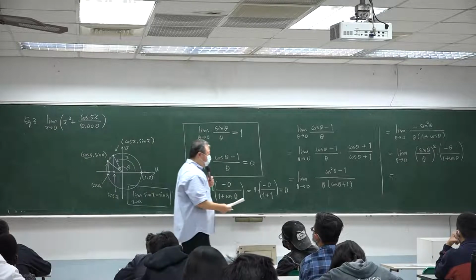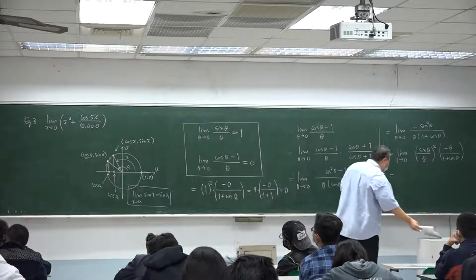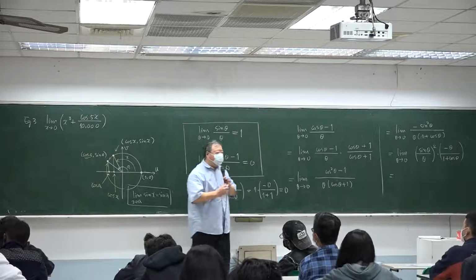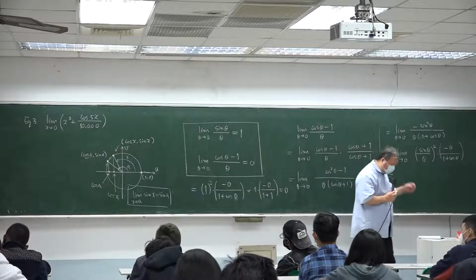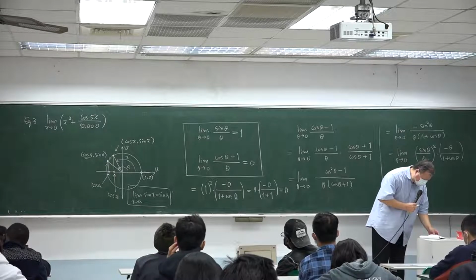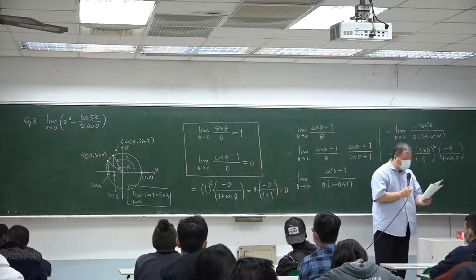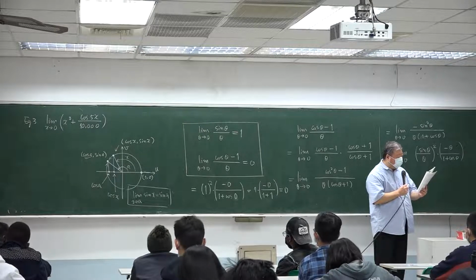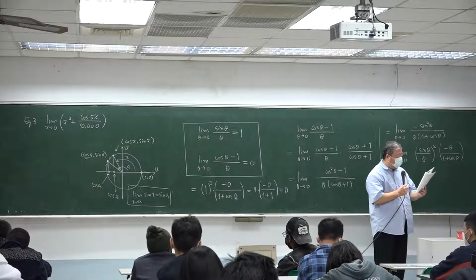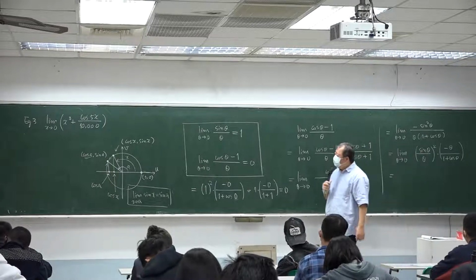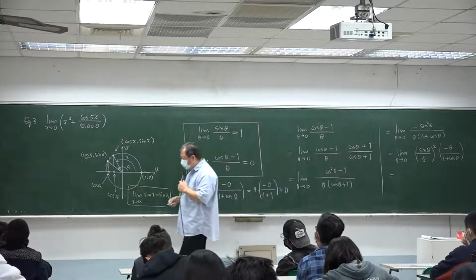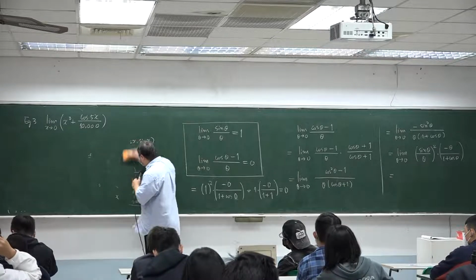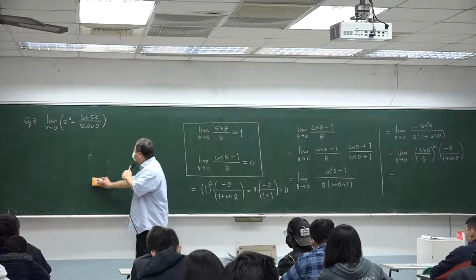Find this limit when x approaches 0. The main purpose of this example here is that sometimes using a calculator will lead you in a wrong direction, to a wrong answer.